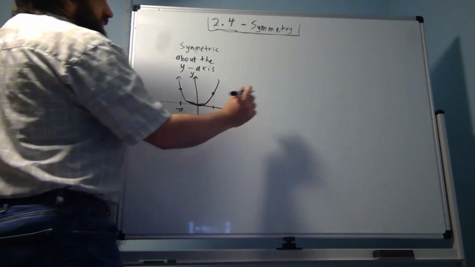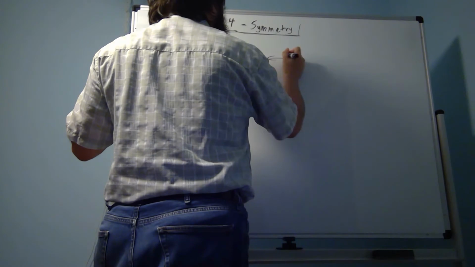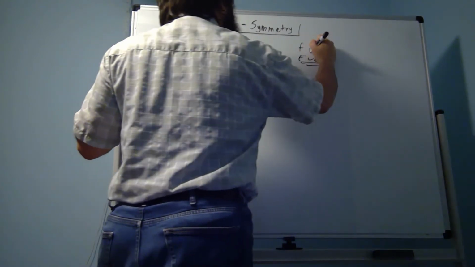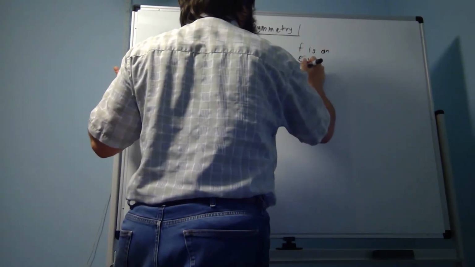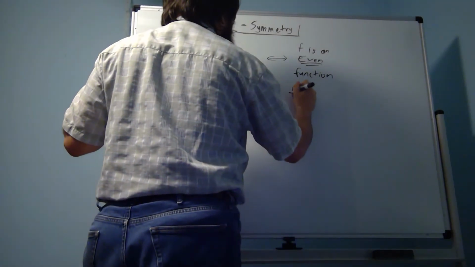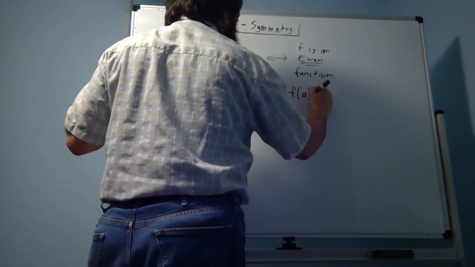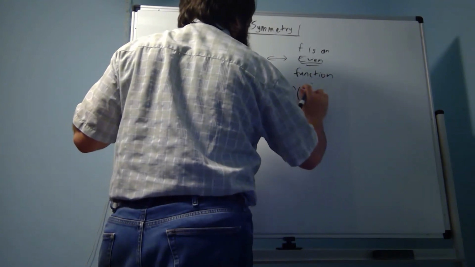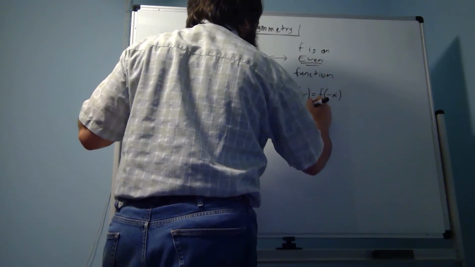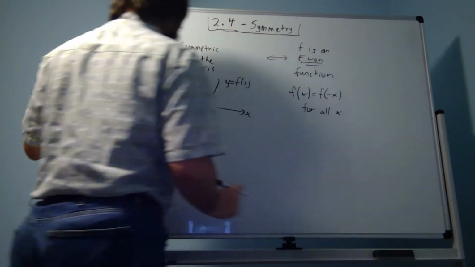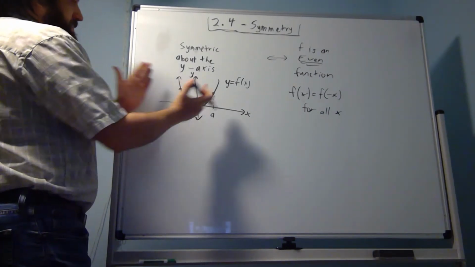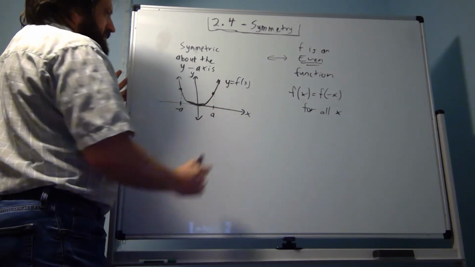The picture looks like this, and mathematically we can say that f of a equals f of minus a for all x, or maybe, if our function has a restricted domain, all x in the domain of f.